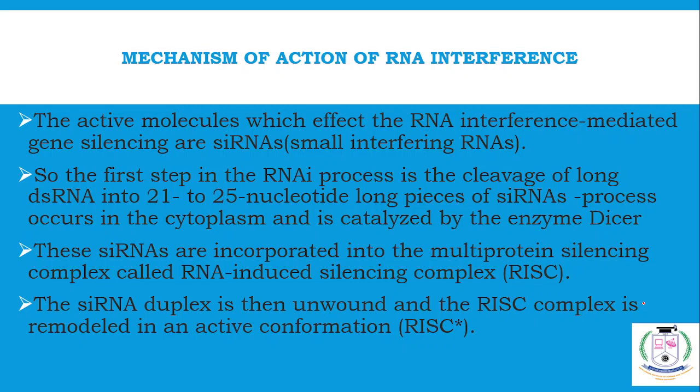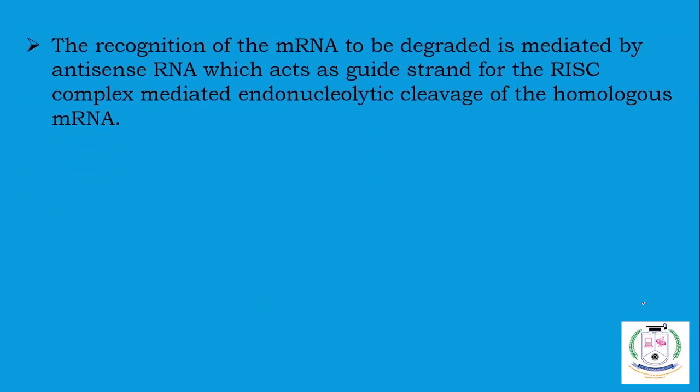Now, once the siRNA duplex is loaded, there is a conformational change. Since we have the helicase molecules in the RISC complex, the helical conformation is changed and the active conformation is generated. Once there is a conformational change, the recognition of the mRNA occurs.